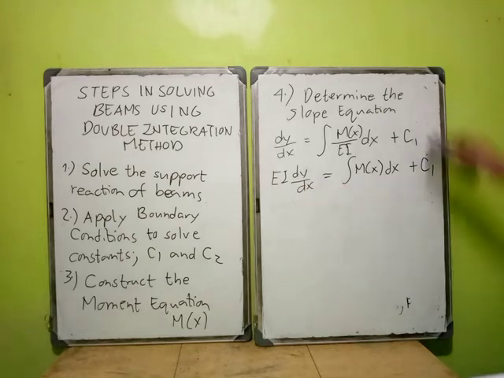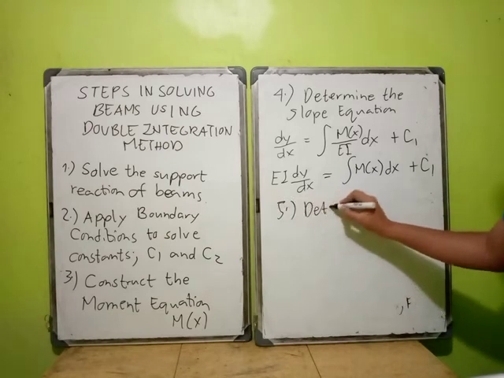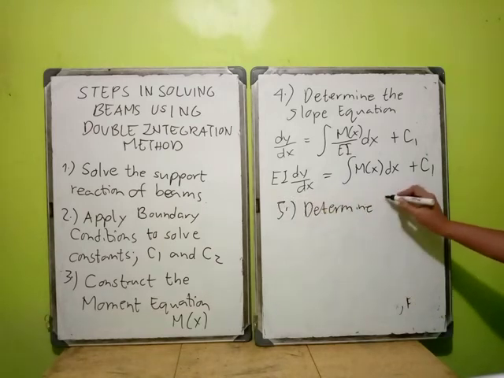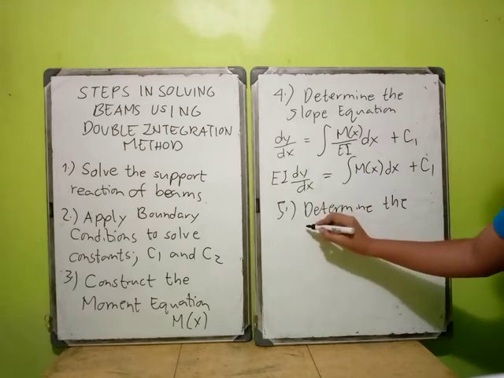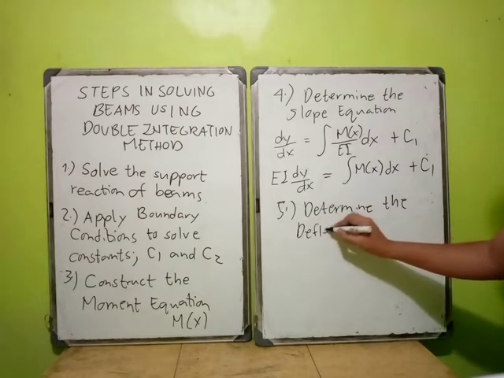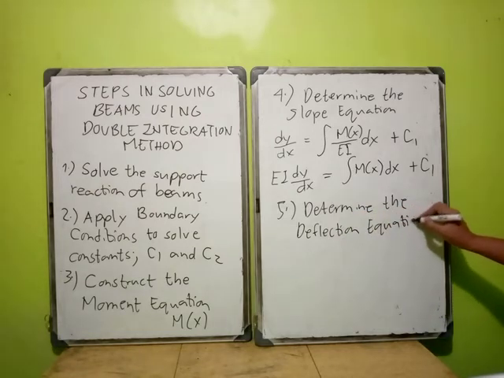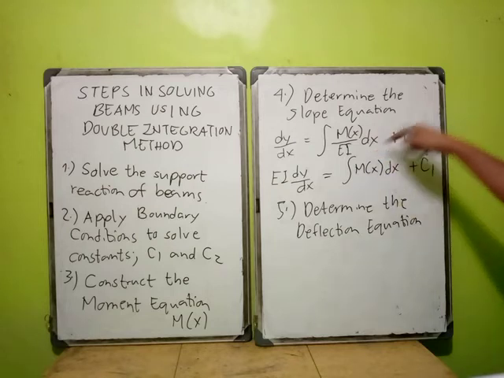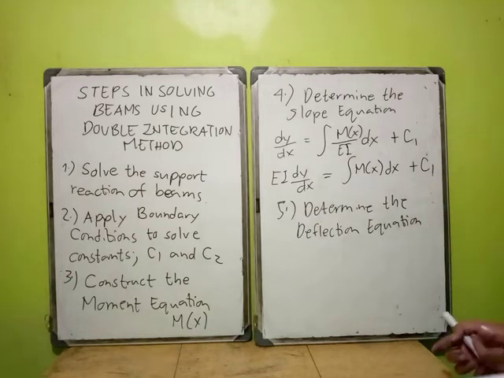Also, you can determine the deflection equation. And again, you should not be confused. Whether you are using this or this, it is applicable. Same answer for any value of x.